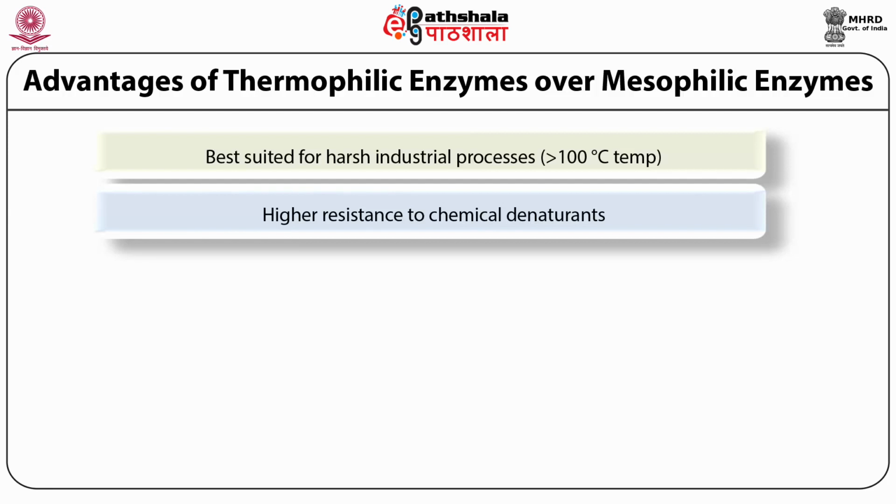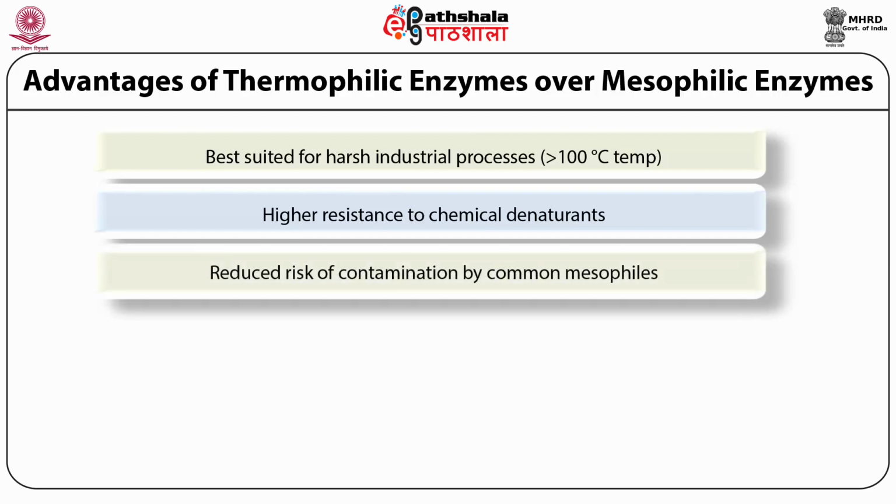Another advantage with working with these enzymes is that there is a reduced risk of contamination by common mesophiles. Let's say there is a process going on at more than 100 degrees temperature. At that temperature, a normal mesophile cannot contaminate the procedure. So this is another advantage of great value.